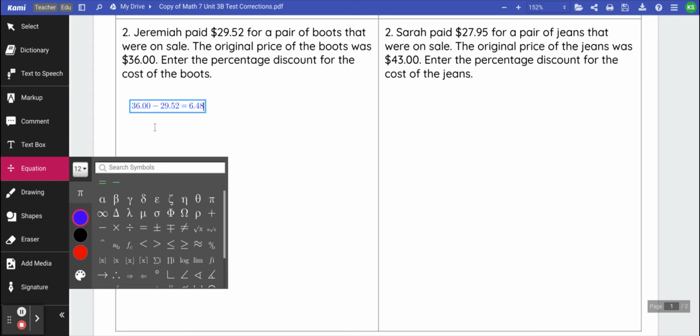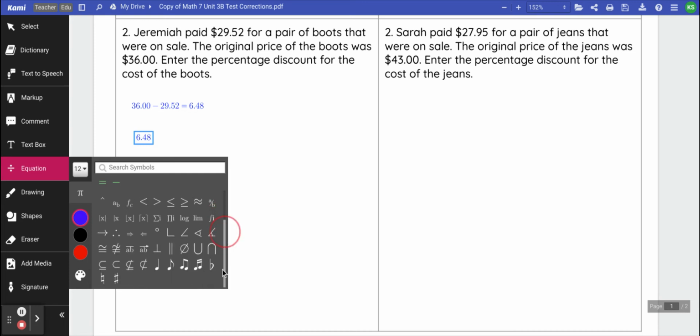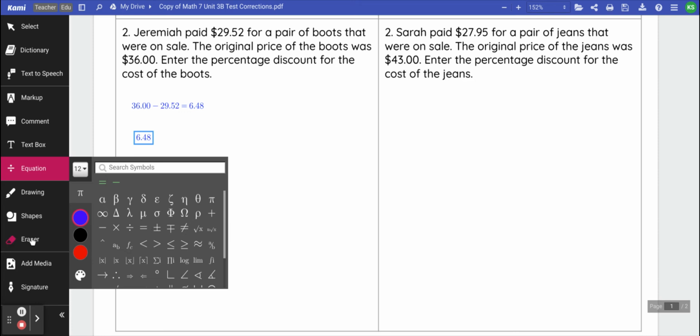So I know that is the amount of the discount. Now I've got to create my two ratios. I want to know what $6.48 is of the 36, how much of a discount that is. So I'm going to put 6.48 and turn that into a fraction. Let's see, where is the fraction bar here?